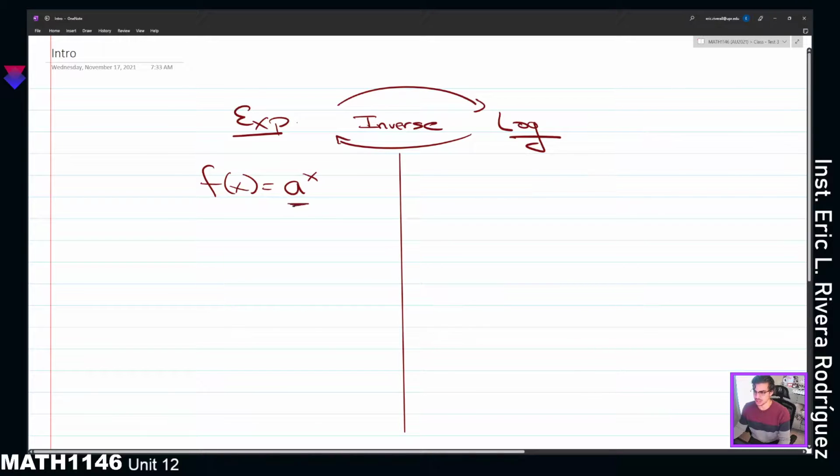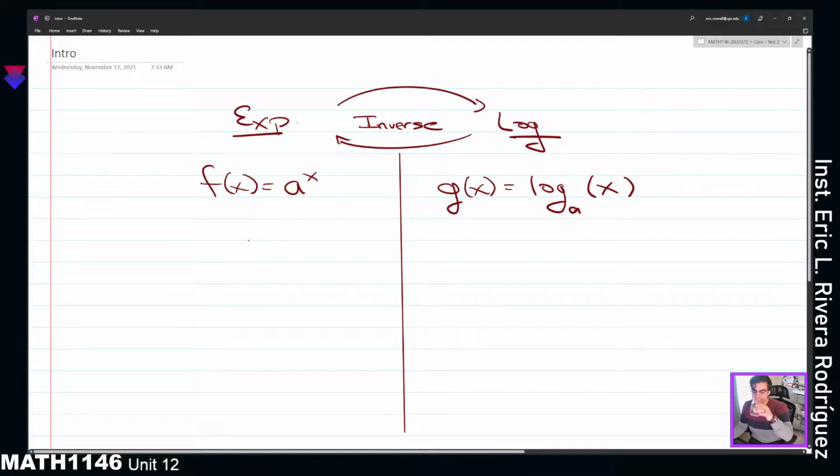This is a format that we are used to because it is an exponent. With logarithmic functions, we are going to be introducing this new notation, log, referring to the logarithmic function, where a is the base of the logarithmic function and x is the argument or the input of the function.